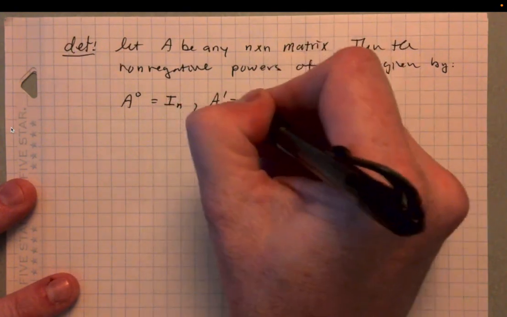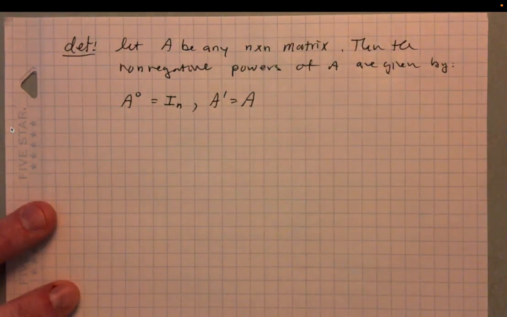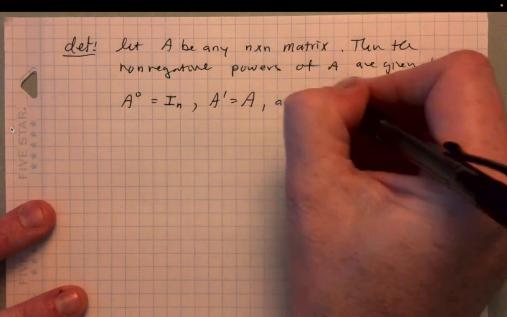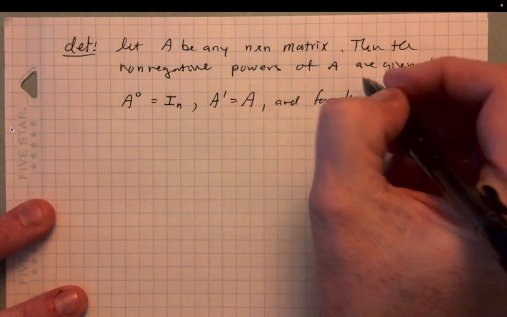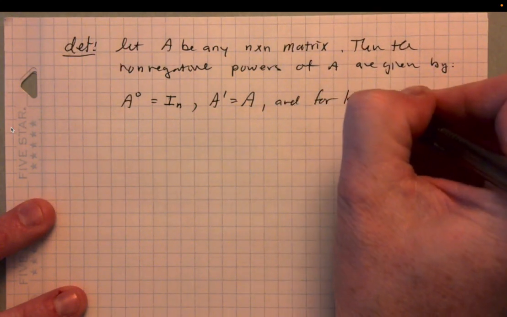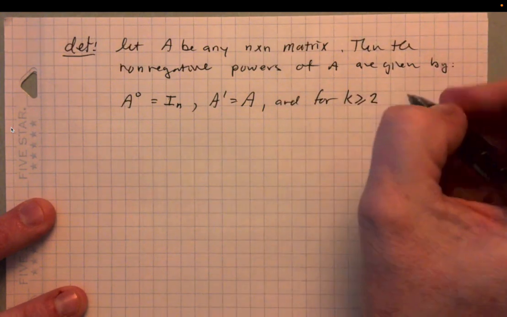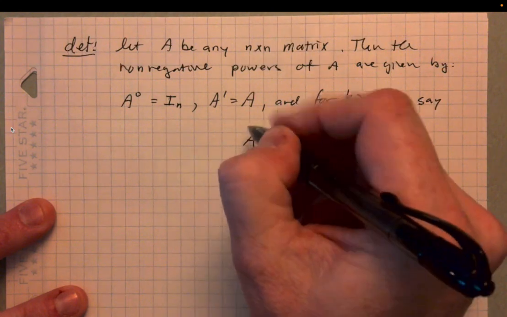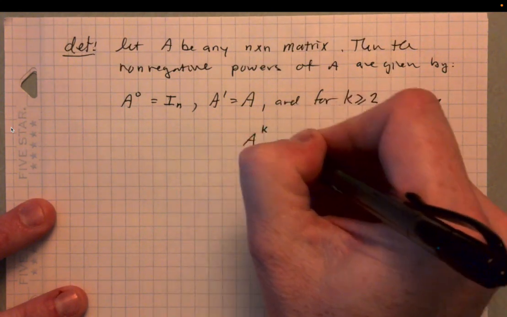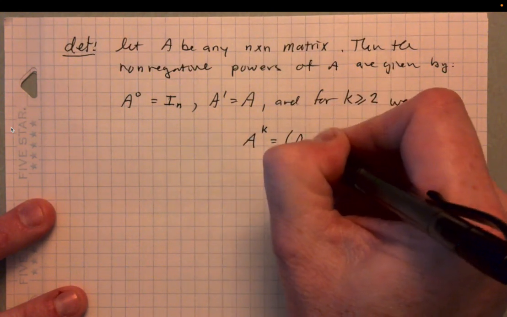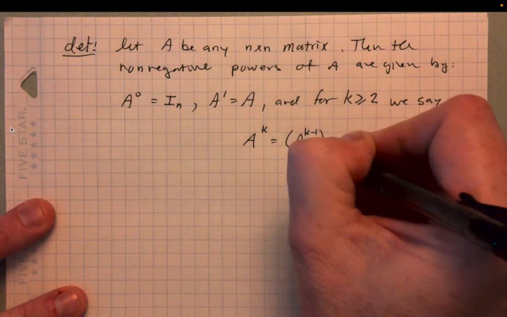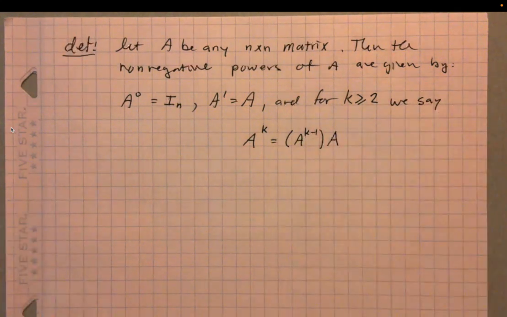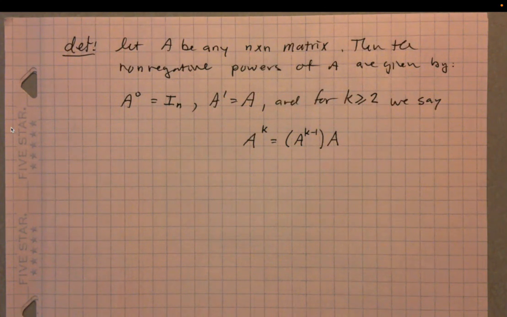A to the first power is just A. And for k greater than or equal to 2, A to the k power is just equal to A to the k minus 1 power times A. Fairly easy to understand.